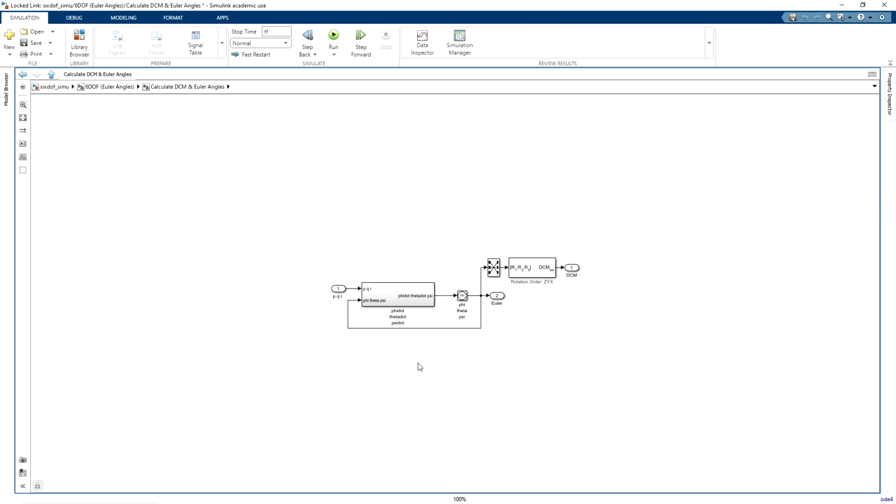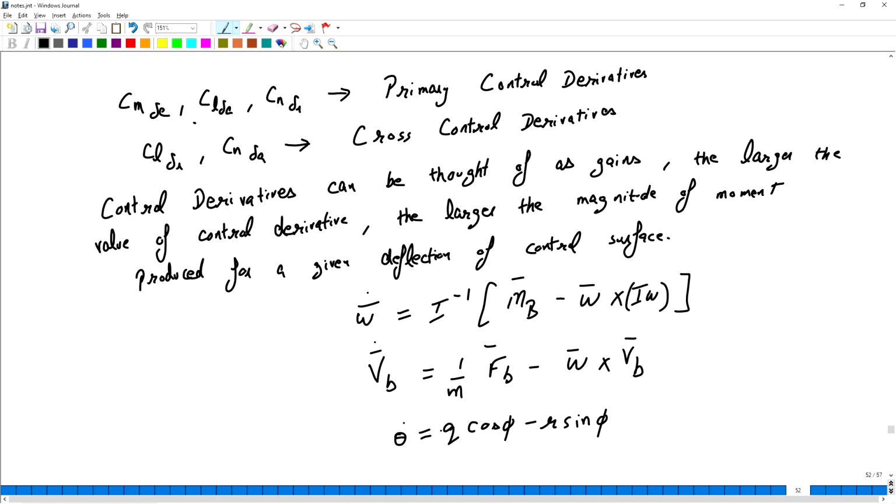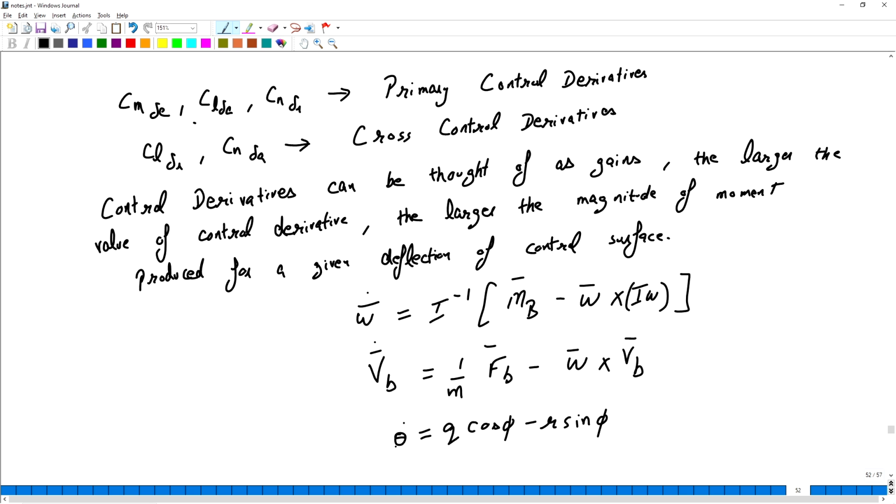Control U, space button, yes. If we go back to the equation, what are the inputs required? The inputs required are the Euler angles themselves, phi, theta and psi, and the angular rates p, q and r. And this theta dot equation should be integrated.